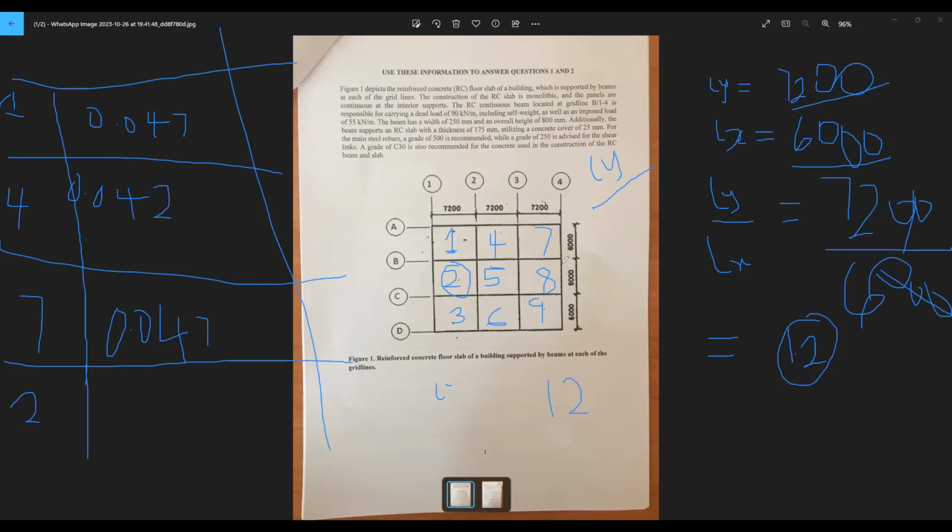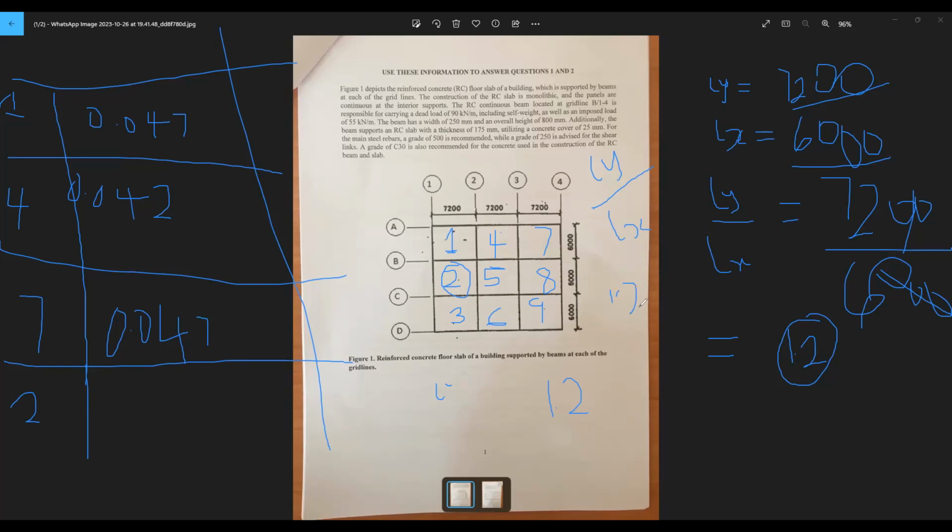So you must find it at every point. But here we are blessed with the same dimensions for all of the panels, so we don't have a problem checking for every one of them. We just need only one for all of them, and that is 1.2.